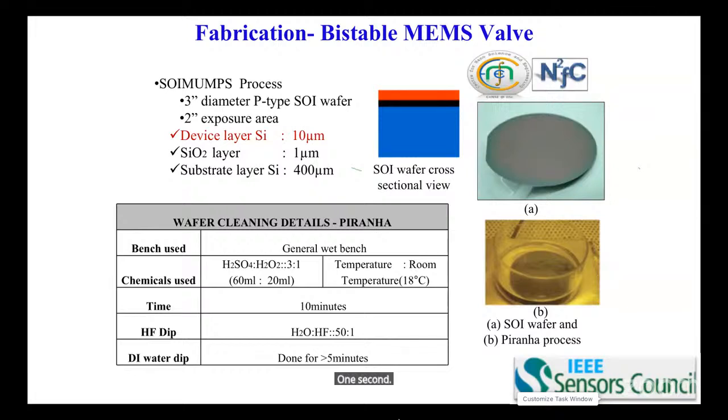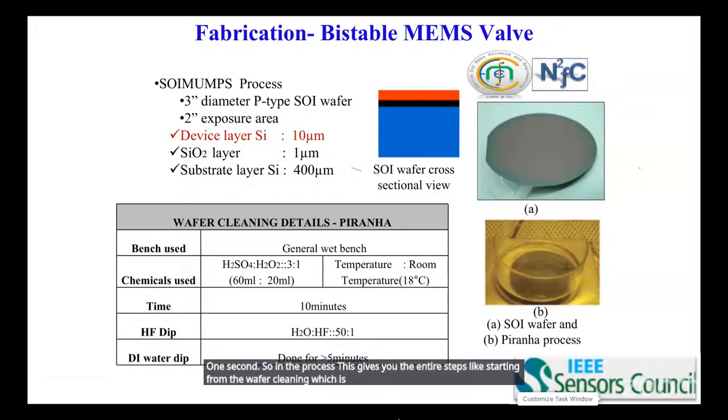So in the process, this gives you the entire steps, starting from the wafer cleaning, which is called Piranha cleaning, using H2SO4 and H2O2. So this is how the wafer is initially cleaned.